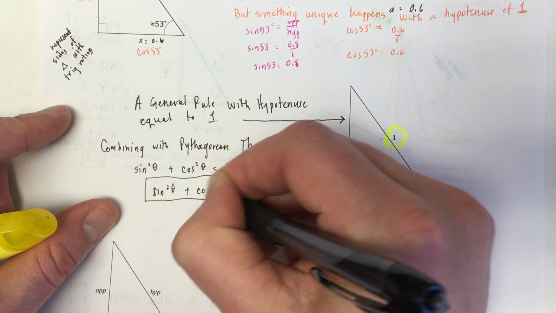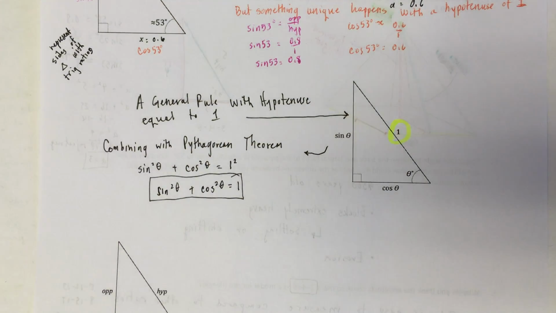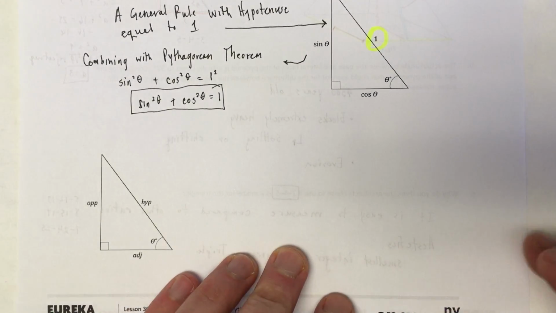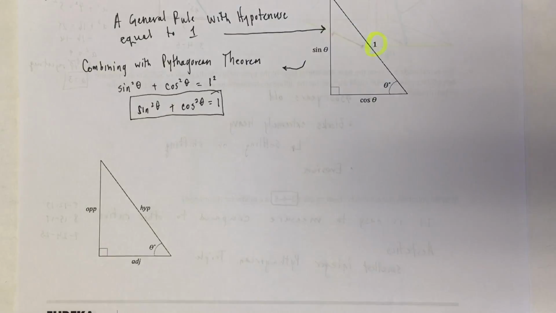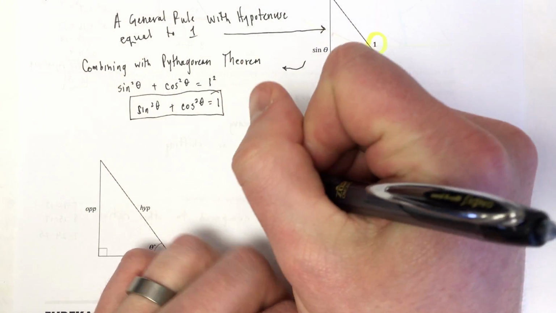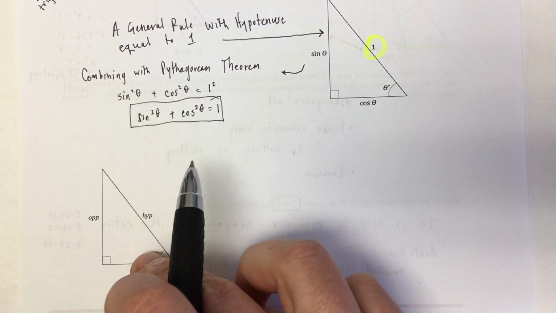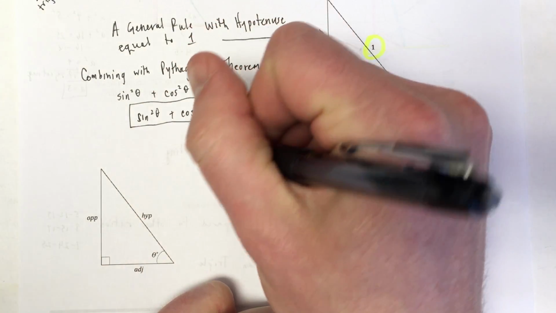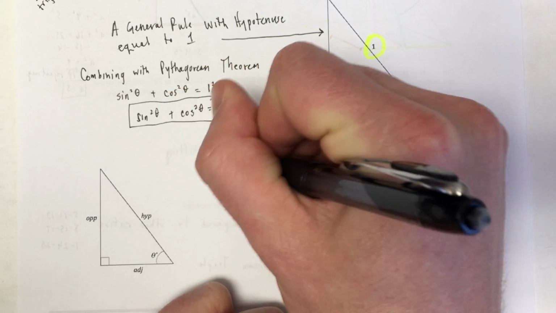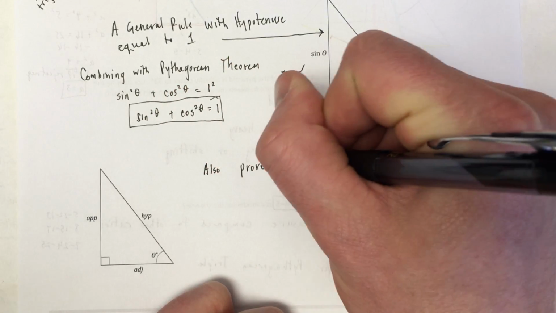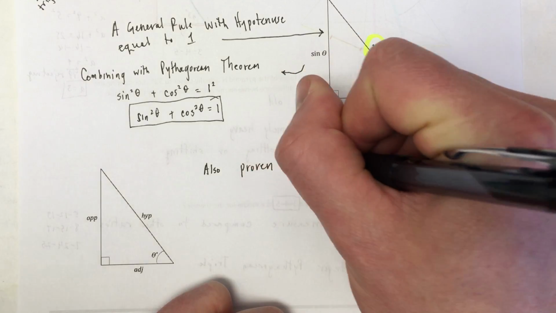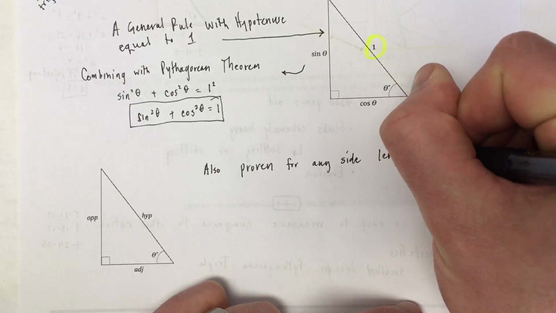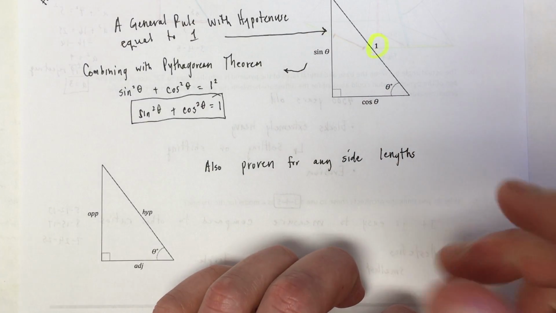Sort of a proof. Now you might be wondering, does it always work? Well, let's look. We've kind of done a little bit of work with our trig ratios, but you could also look at it in a general sense. What happens if I just have the general statement of opposite, adjacent, and hypotenuse? So also proven for any side lengths.